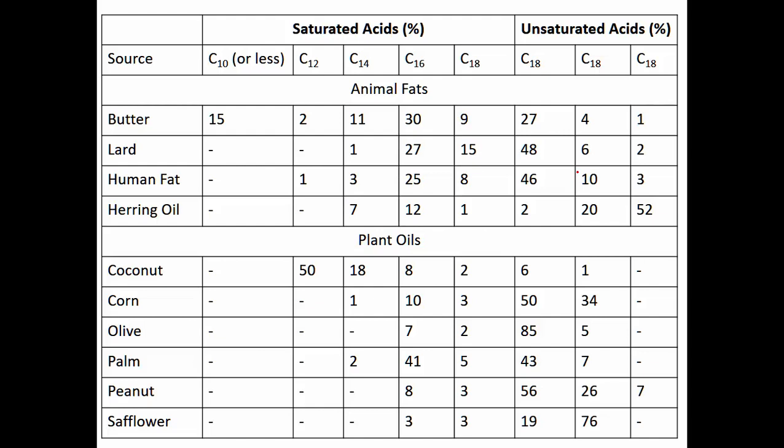Okay, butter, I guess, contains the lowest or the shortest chains, but all the others contain larger chains. It's important to remember that even though we associate saturated fats with animal-derived fats, most of these still have an appreciable amount of unsaturated fat in them.